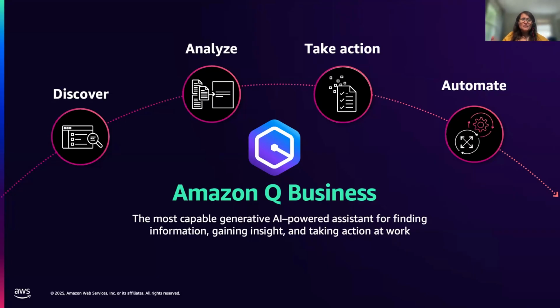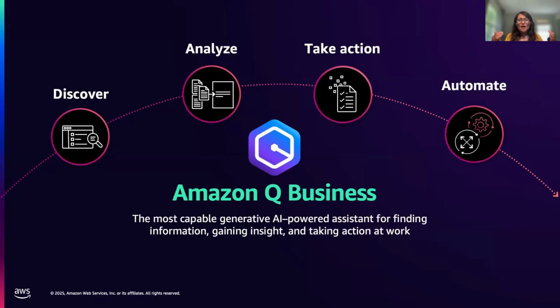Q Business can help bring all of these together and really address the challenge of siloed data. In doing this, it can help you to get information on this data and take actions based on this data. And it maintains existing user level access controls.